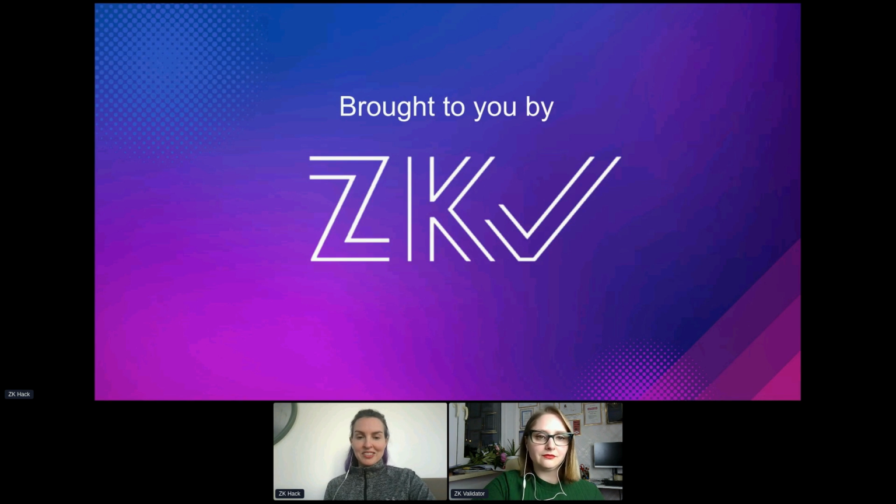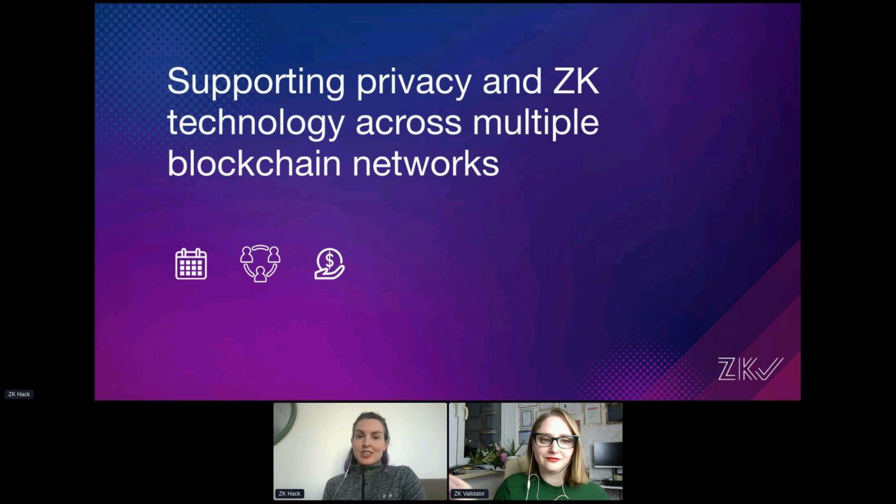This is brought to you by the ZKValidator. Agni and I are both part of that group. We are a validator, running on a number of different networks. What ZKValidator does is it aims to support privacy in ZK tech across multiple blockchain networks. We do this through a number of ways.